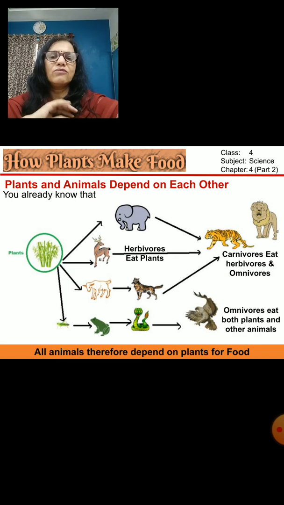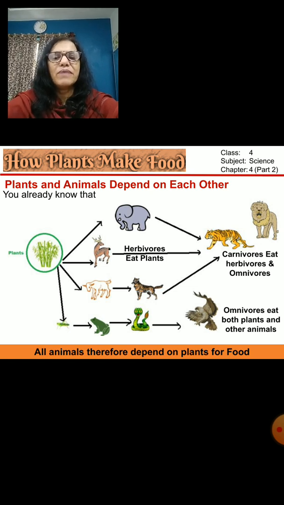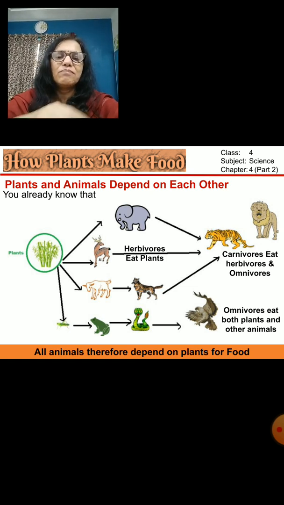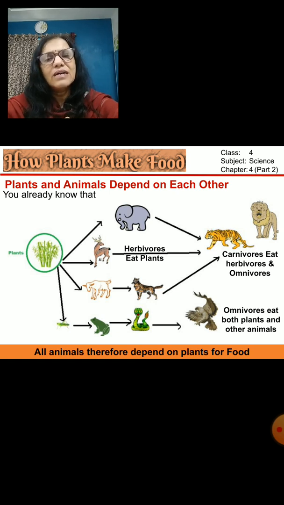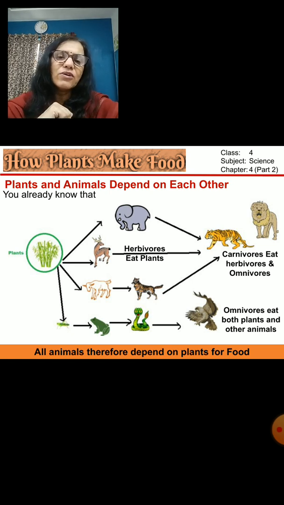Now there is one more thing that shows that we depend on each other. Plants are eaten by the herbivores. Herbivore animals eat plants, and herbivores are eaten by the carnivores.